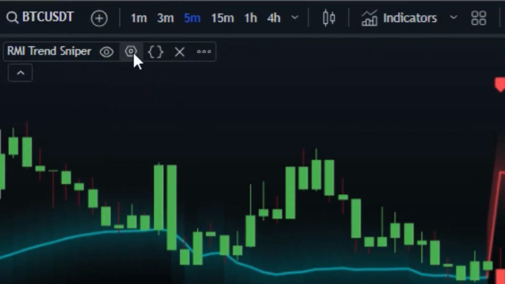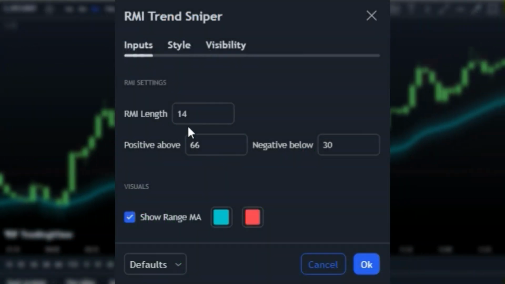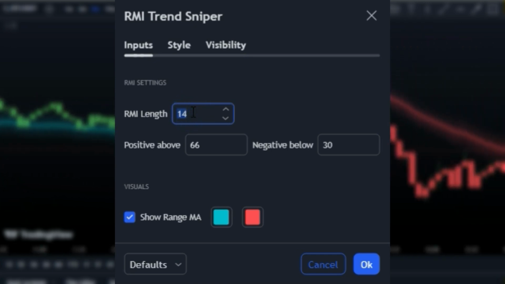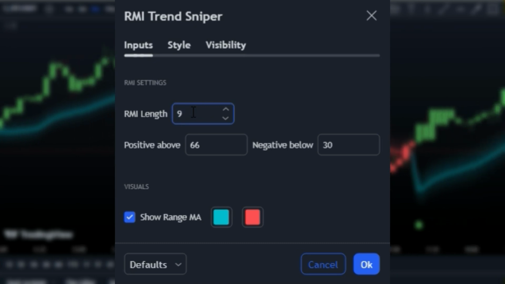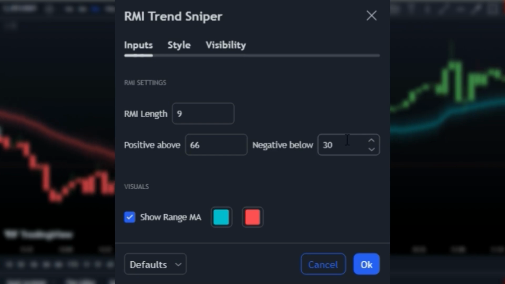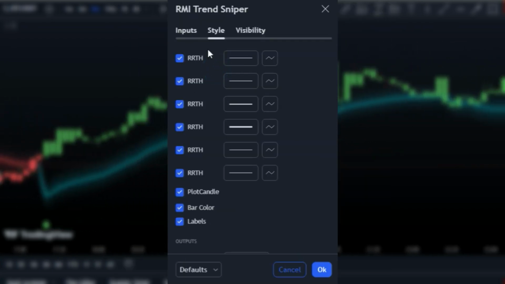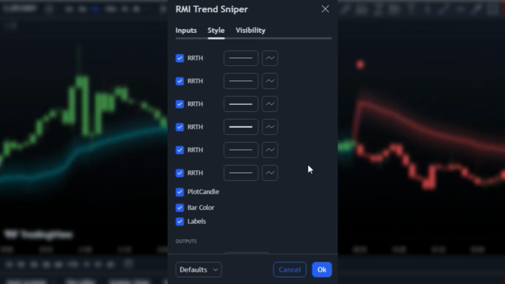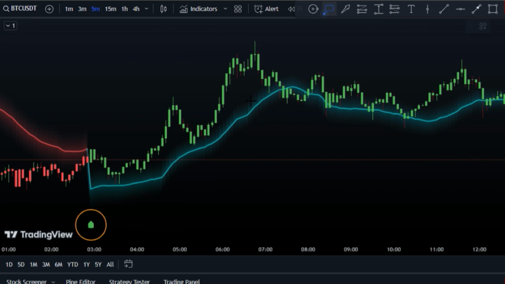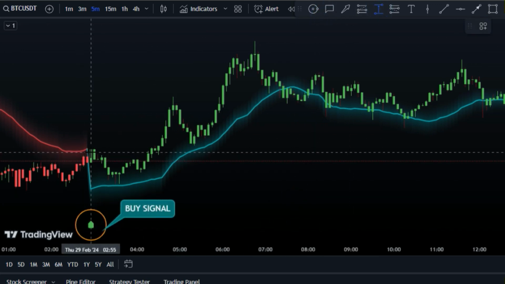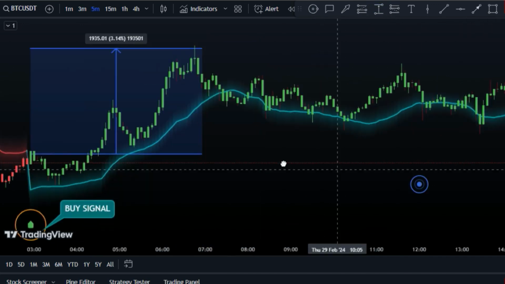Once we've added it to our setup, we'll fine-tune its settings for the best results. This handy indicator is designed to give you clear buy and sell signals in all sorts of markets, making it a perfect starting point for our strategy.